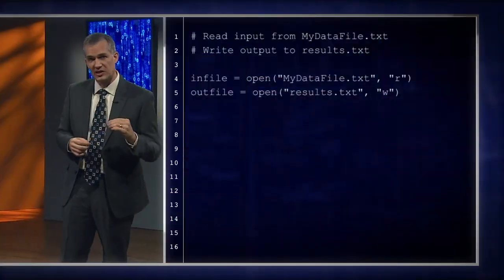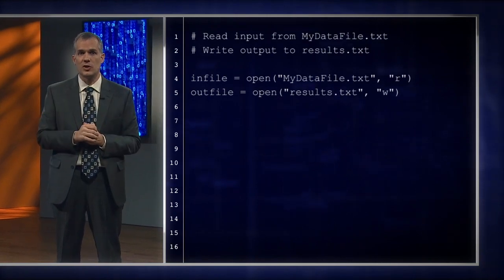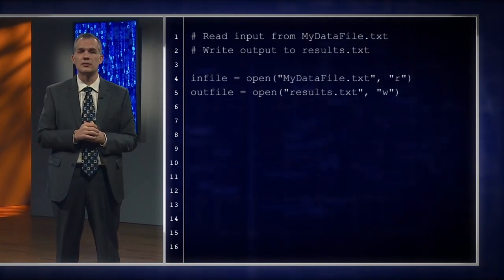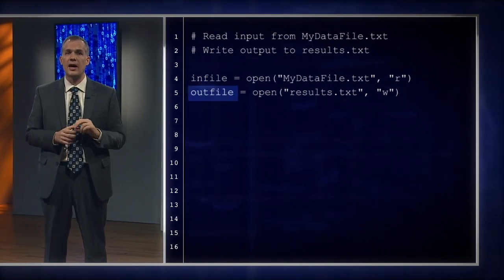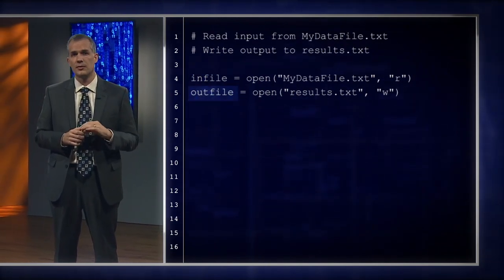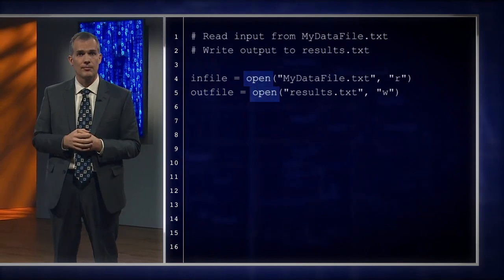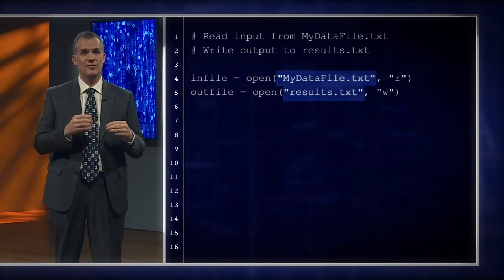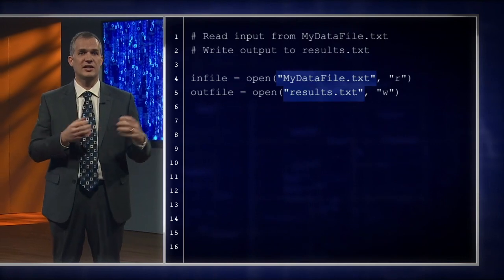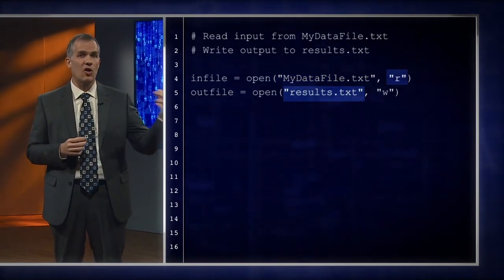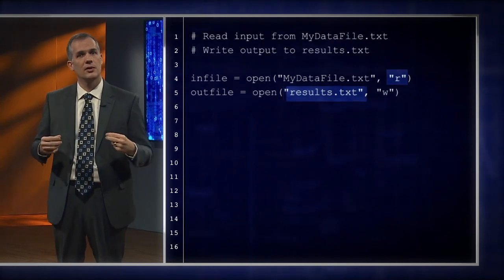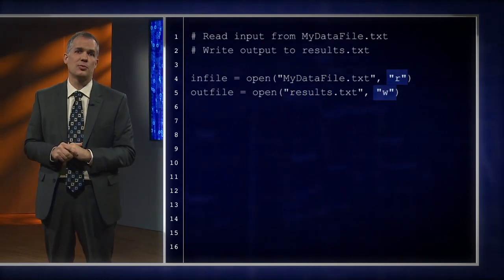Well, you would first have to pick an internal variable name that you want your program to use for the two files. In this case, I've chosen infile for the input file and outfile for the output file. Then I call open on each of them. First, I give the name of the file, either mydatafile.txt or results.txt. And then I write R for the one I'm opening to read from, and W for the one I'm opening to output to.